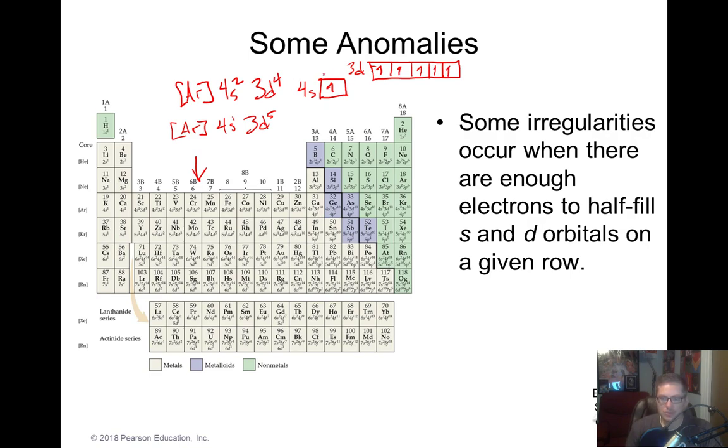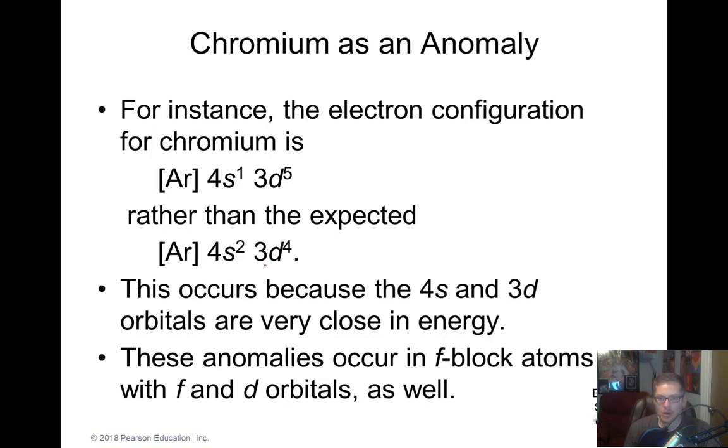Because 4s and 3d are so similar in energy levels, 4s is lower but pretty close to 3d, it's actually more stable for the electrons to be split out with two half-filled orbitals instead of one full 4s and a four-fifths full 3d. So chromium specifically has this as its electron configuration, as opposed to this.